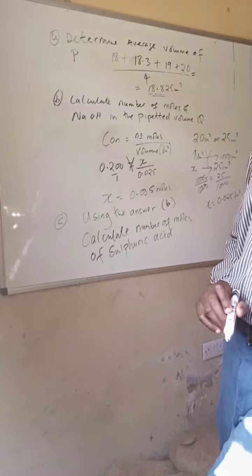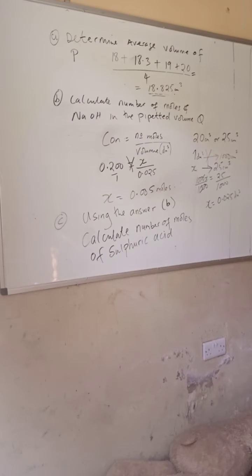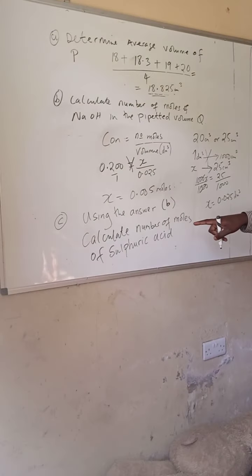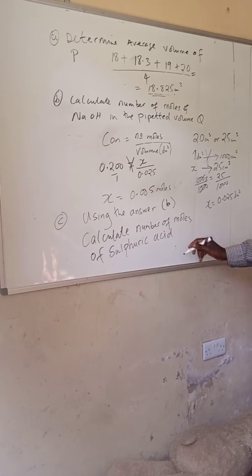Using the answer in part B here, calculate the number of moles of sulfuric acid. So this is where I'll end, and then I'll proceed.